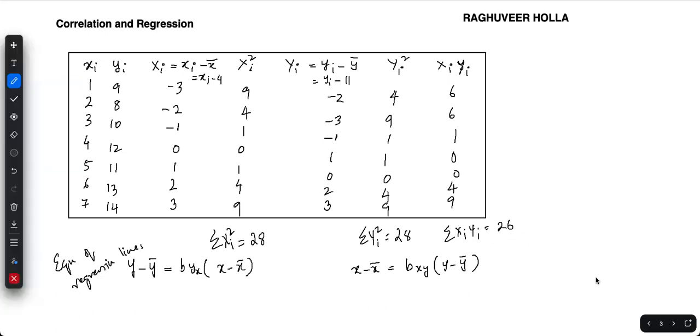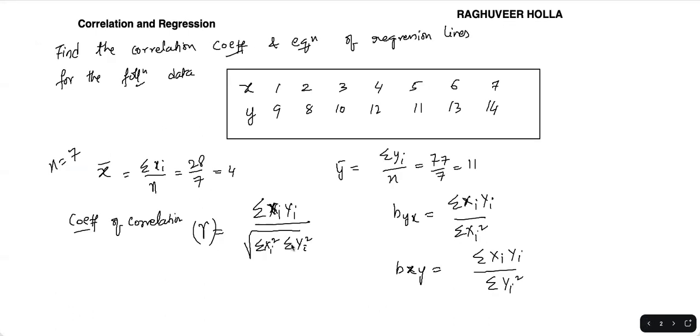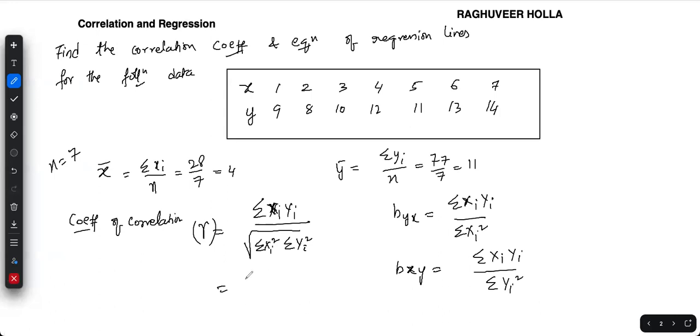Let us substitute in this. Summation of xi and yi over the summation, this is 26 by 28, which is equal to 0.9286. So we got r.